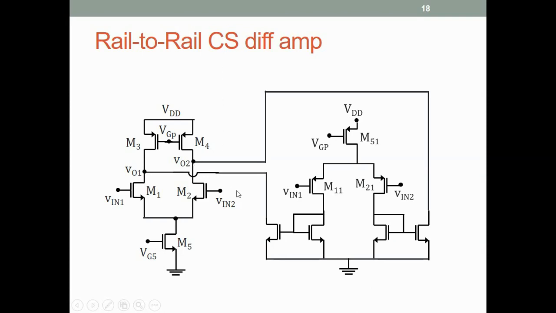Now, something we've not discussed before: if we want to add currents in MOSFET circuits, the simplest thing to do is to just connect two transistors at the same node.